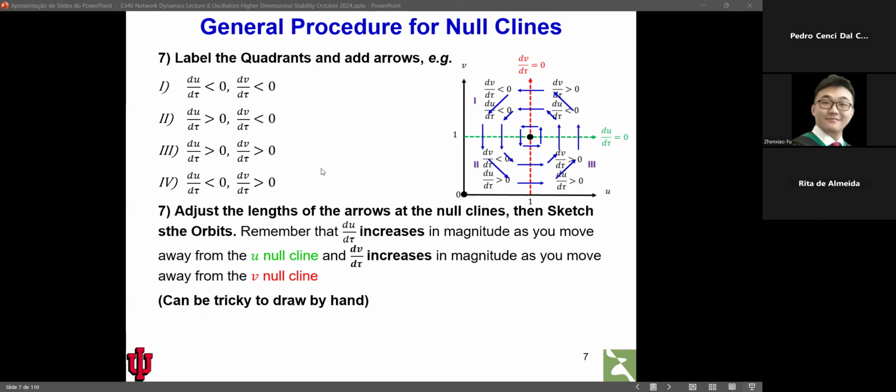You have to adjust the length of the arrows to the nullclines, then sketch the orbits. You can sketch the orbits here more or less, but you can do it in your plots and your scripts that you have done already. Then you can see more or less what's happening to the flow.